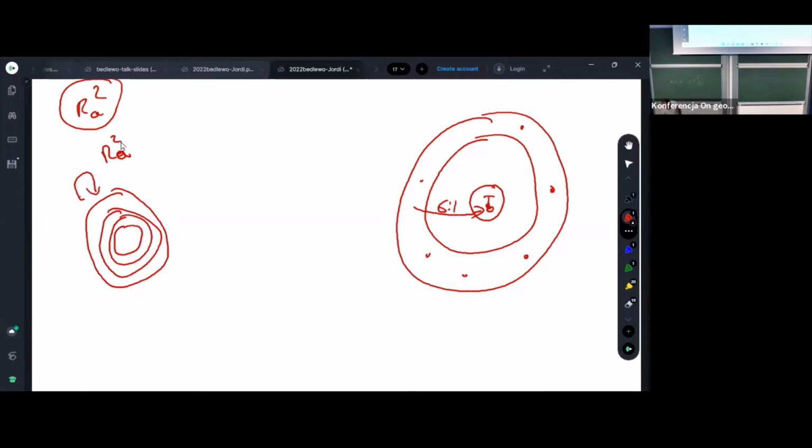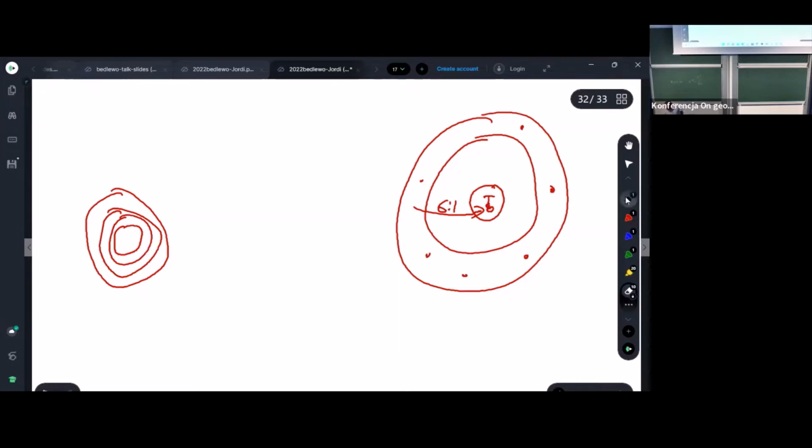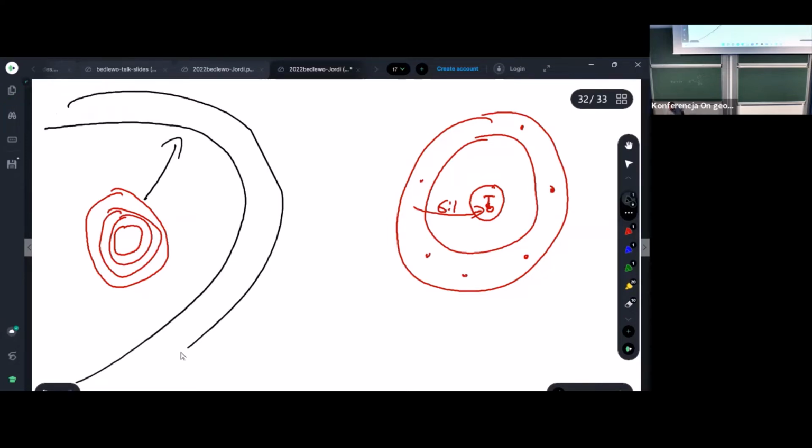But what happens actually is that if I consider R_A, this Cantor set of quasicircles is mapped into another Cantor set of quasicircles which surrounds the origin, which separates infinity from the origin, and which is also mapped onto the original one.